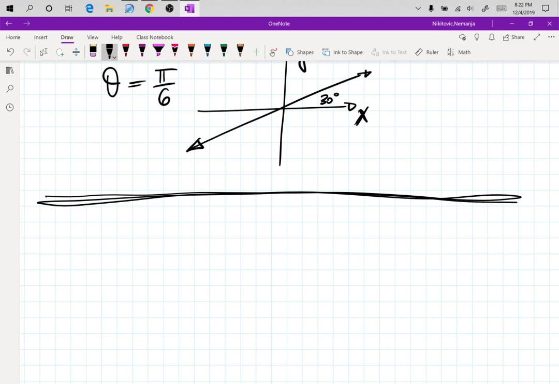The first thing you have to do is to push the mode button and make sure that you are in radians, otherwise it's not going to work. So we're going to push mode button, and we're going to go down to radian measure, and then in the next row you see POL. That's your polar.